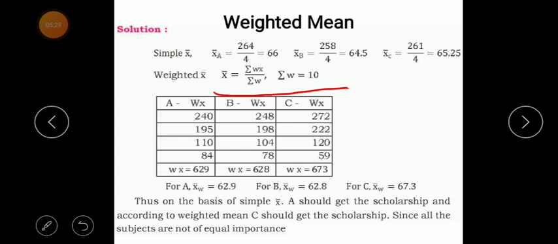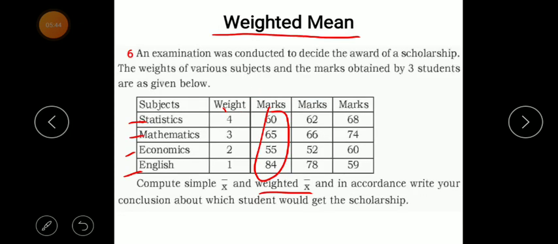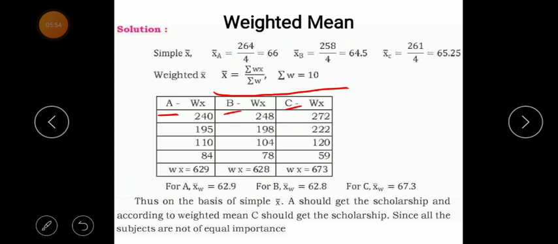Here instead of f we are using weights. So student A, student B, student C are there. Then we are finding wx for each, just like we found fx. Now what is wx? W into x. W is 4, x is 60, 4 into 60 is 240.